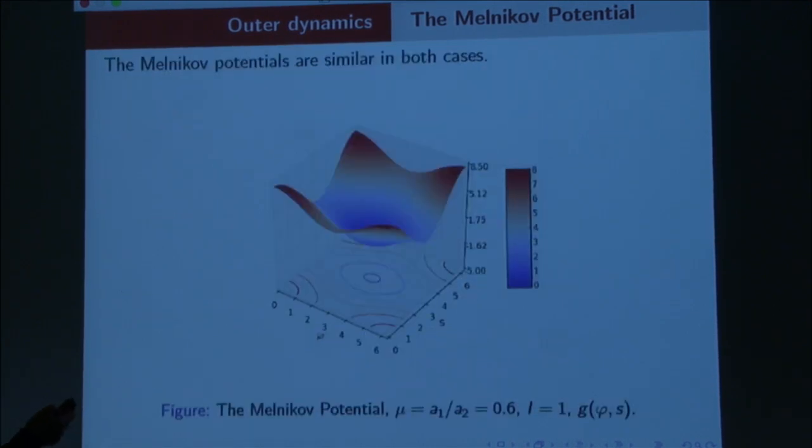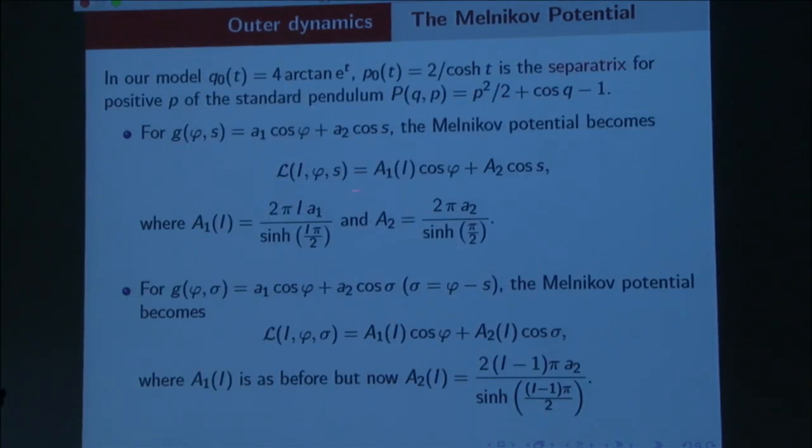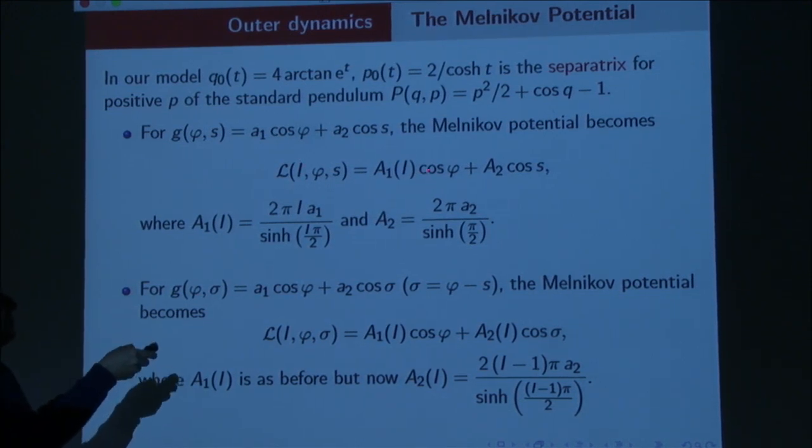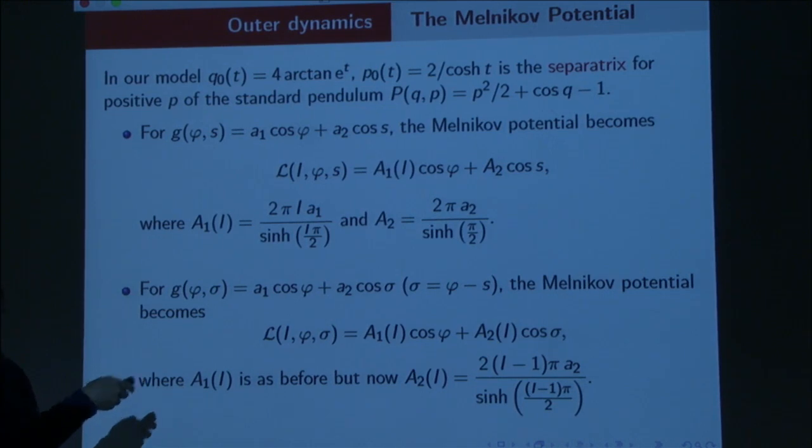And for instance, let me put in the Melnikov potential that I have, in this case, for some value of mu, and some value of I, and for the G phi s that I recall was very simple. Look, fixing I, I have a function on the two torus with only two harmonics.